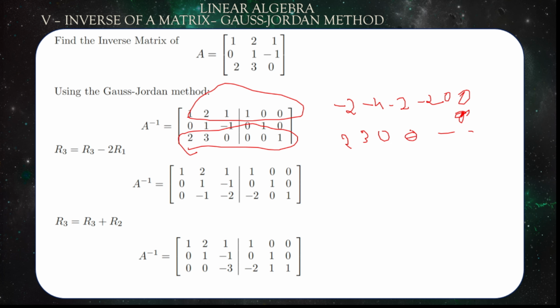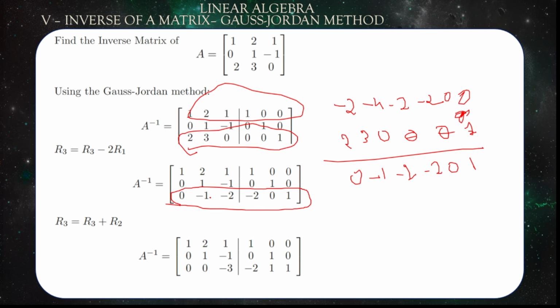Here you have 0, 0, 1. So you add these two up, you get 0. 3 minus 4, which is minus 1. 0 minus 2. Okay, minus 2. Again, minus 2, 0, 1. And this is what becomes of row R3: 0, minus 1, minus 2, minus 2, 0, 1.